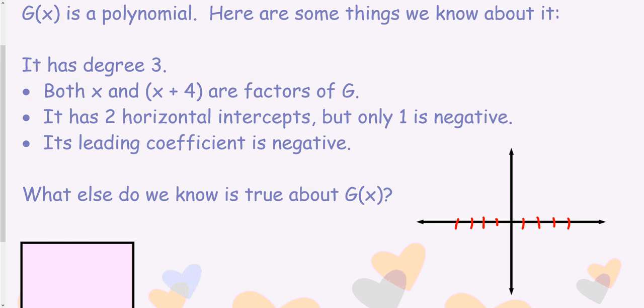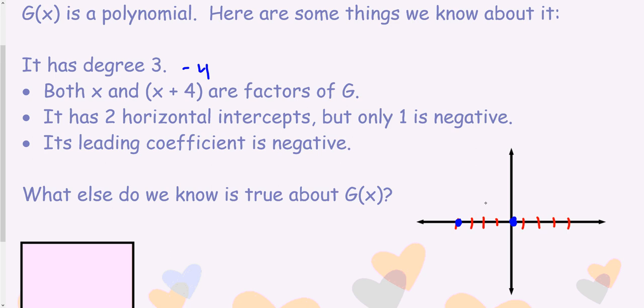And clearly one of them is at -4. And the other one is at 0. Remember, when x itself is a factor, there's an intercept at 0. So those are the only two x-intercepts.